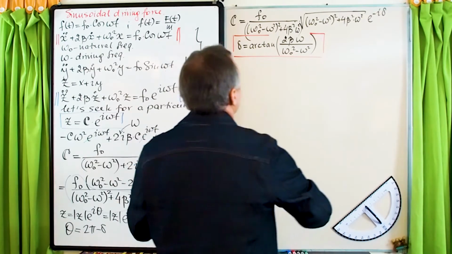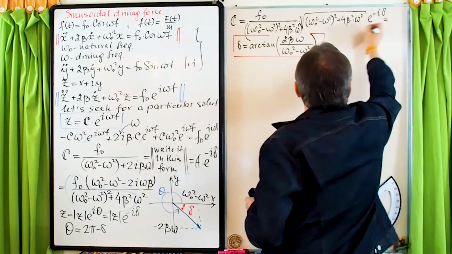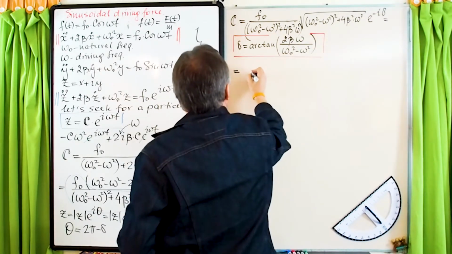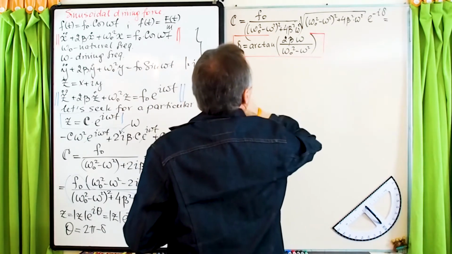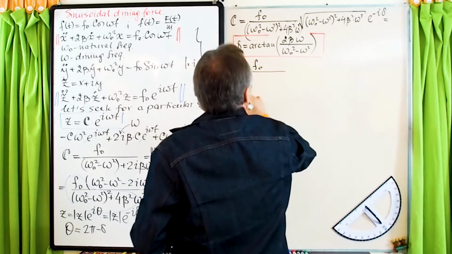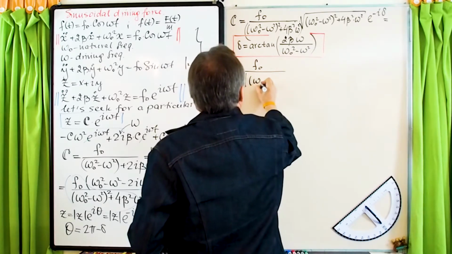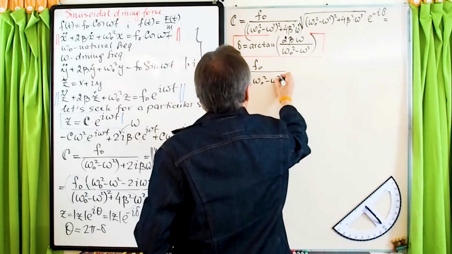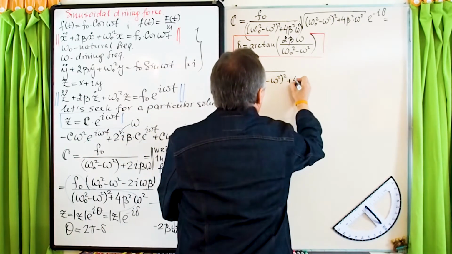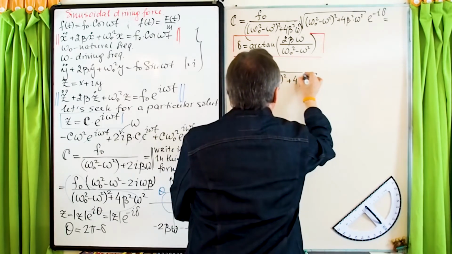Right? And so now we can also introduce the amplitude. So let me continue. This can be partially canceled with that. So it will be f naught divided by the square root of omega naught squared minus omega squared, plus 4 beta squared omega squared, right?